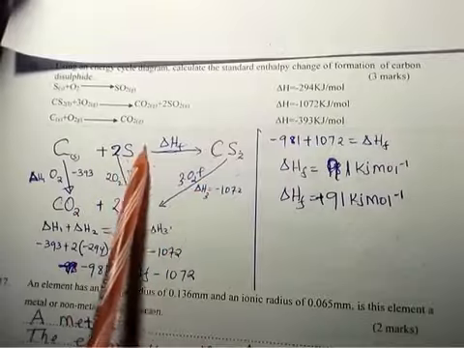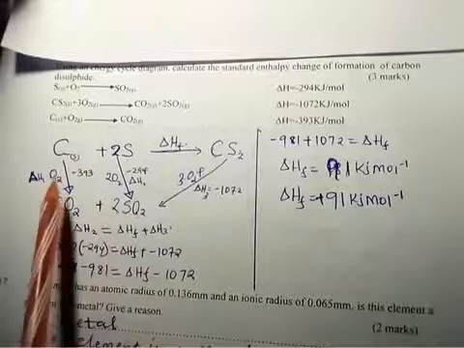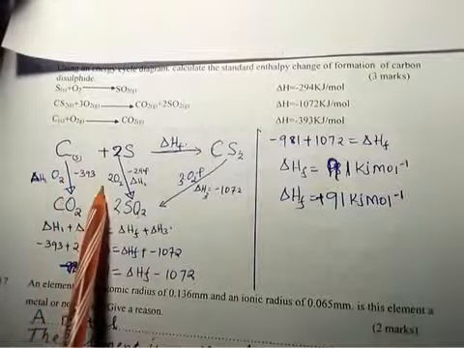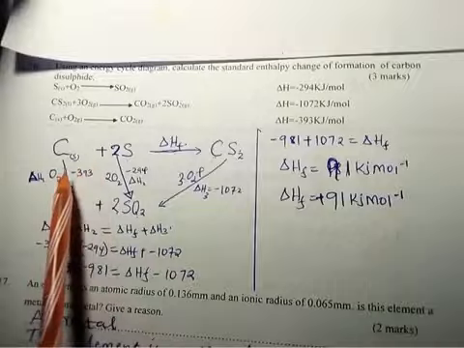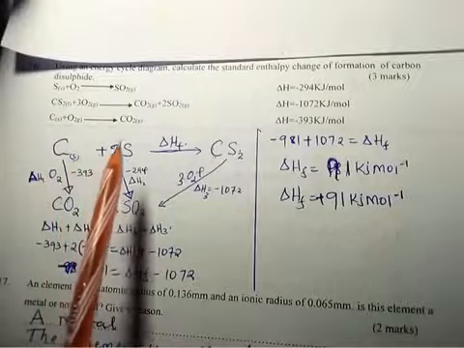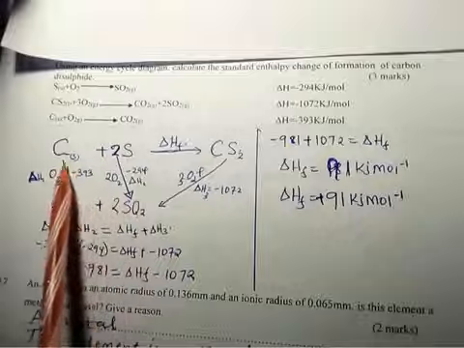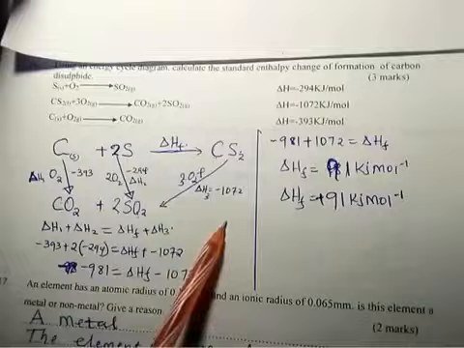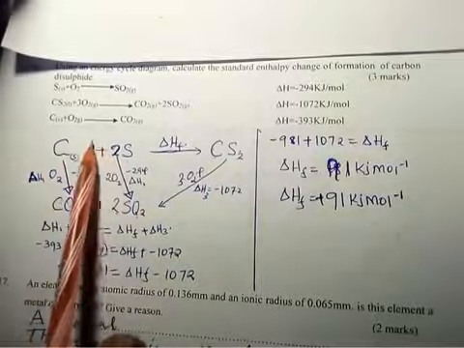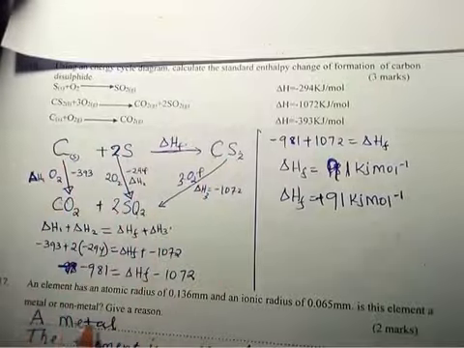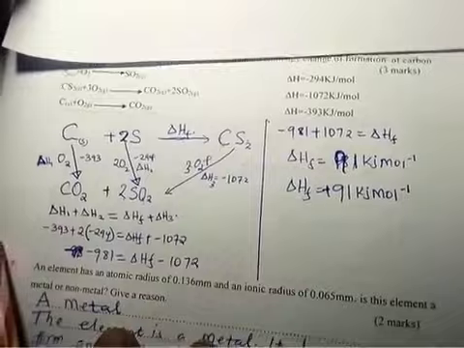Whether I use this long route or this short, direct route, regardless of the route by which the chemical change occurs, the energy is going to be the same. So the direct route is equal to the indirect route. That's why we have done it like this.